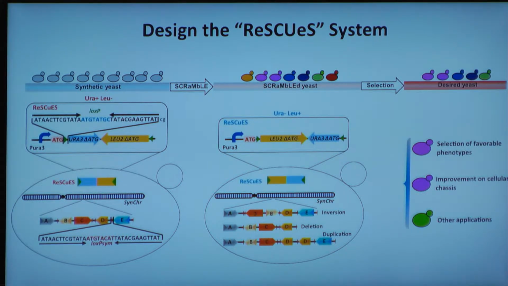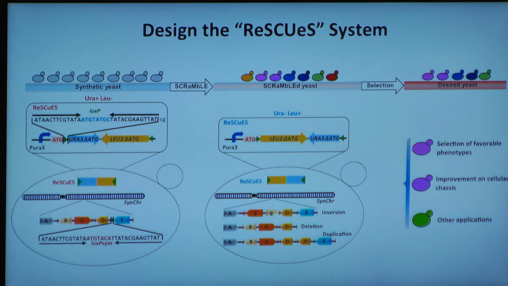We insert these LoxP sites flanking the two markers and put that into another chromosome location within the synthetic cells. If Cre is expressed within the cell and recombination happens within the reporter system, it will switch the two auxotrophic markers, and therefore you'll get LEU plus colonies, and they won't be able to grow in your cell.